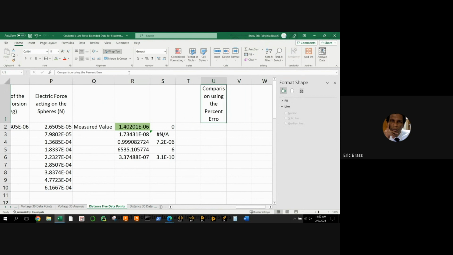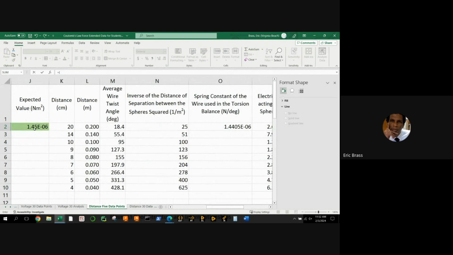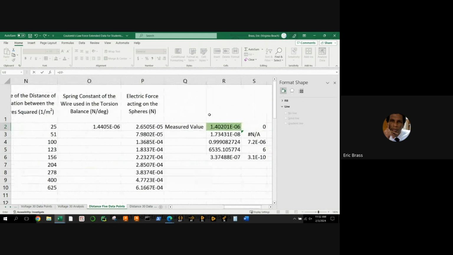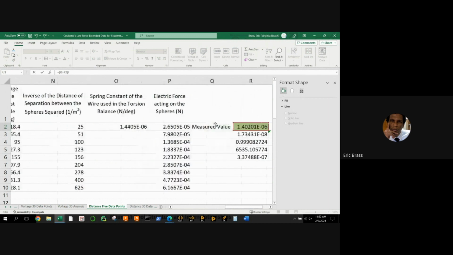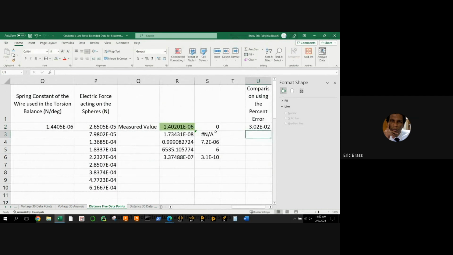So this is going to be equal to parenthesis, and then we have our expected minus our measured, and we're going to divide that by what we expect. Go ahead and make this into a percent.